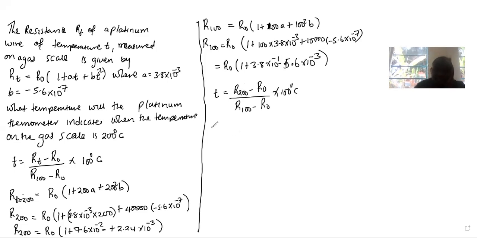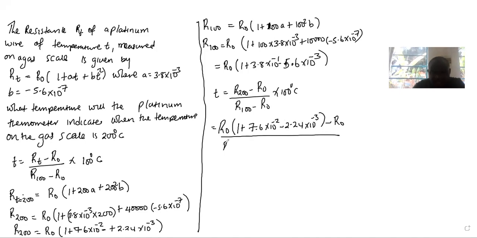Then this would be R naught into 1 plus 7.6 times 10 power negative 2 minus 2.24 times 10 power negative 3 minus R naught, all divided by R at 100, which we have realized is R naught into 1 plus 3.8 times 10 to the power negative 1 minus 5.6 times 10 to the power negative 3, minus R naught, times 100 degrees Celsius.